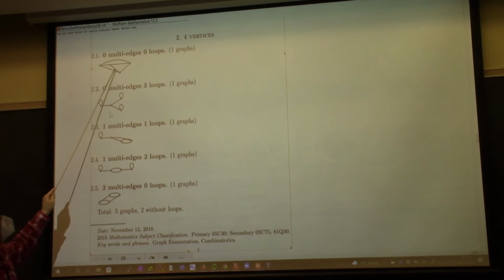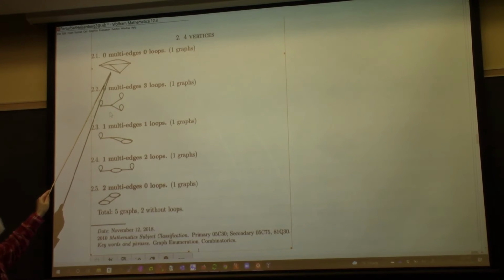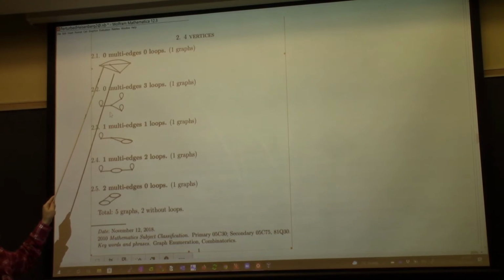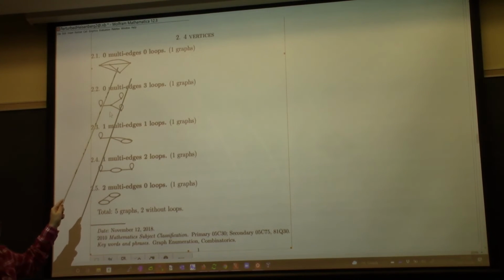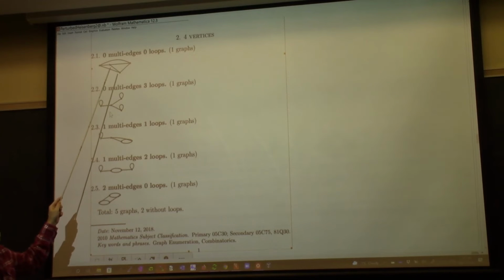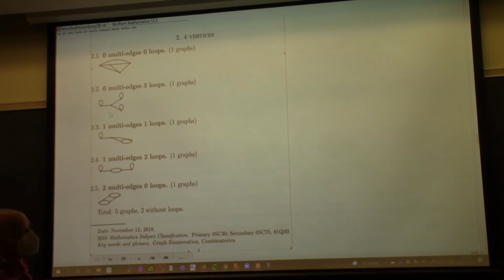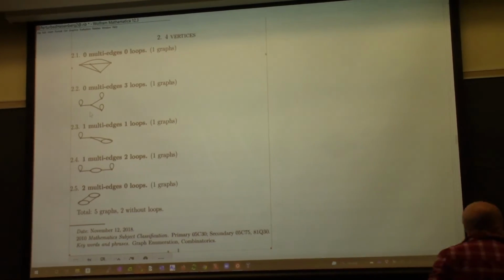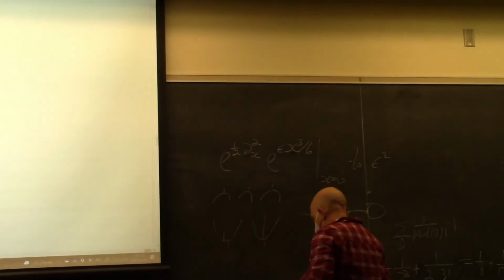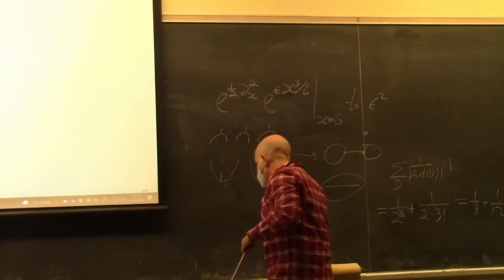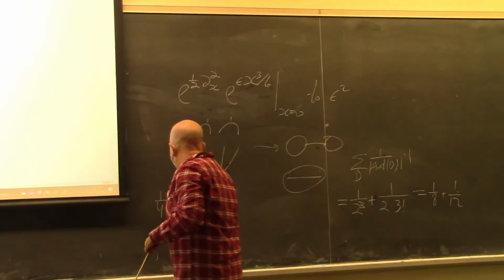So the automorphism group of this is just that of the tetrahedron. Every vertex is equivalent to every other one. So the order of the automorphism group is 4 factorial, so we get 1 over 4 factorial.